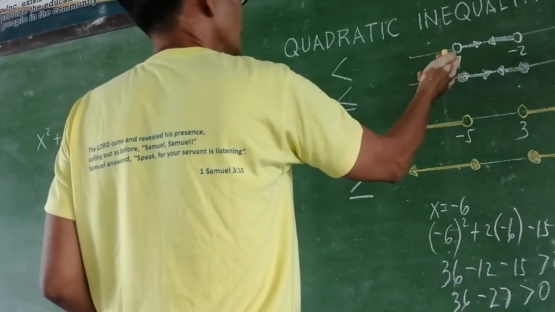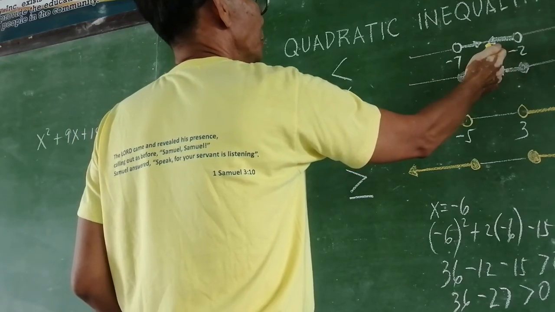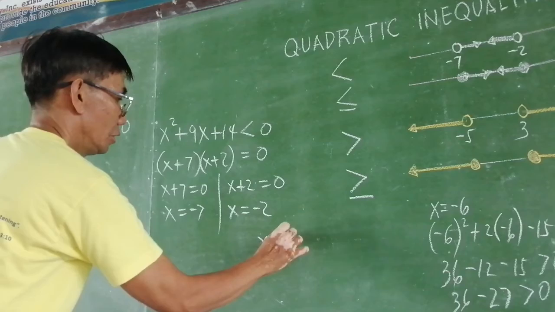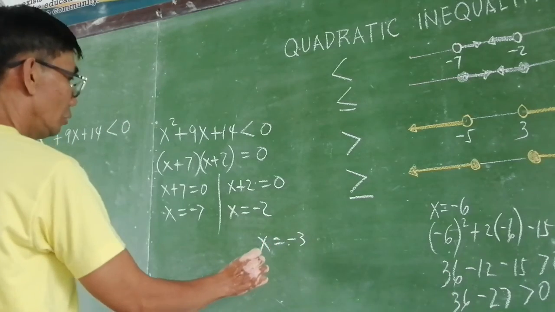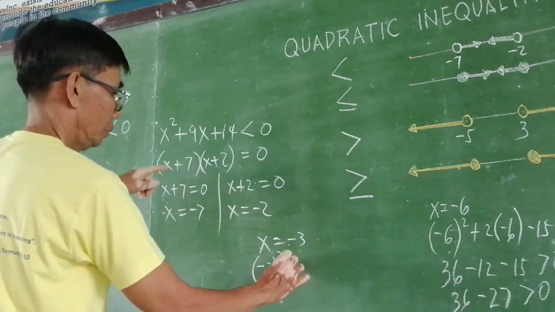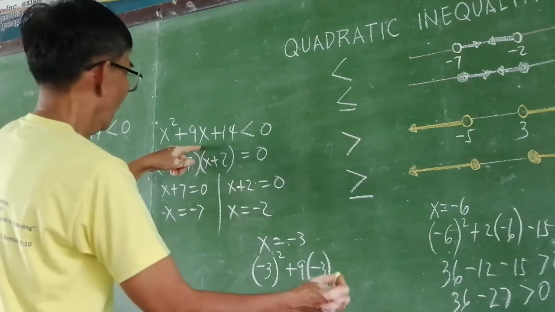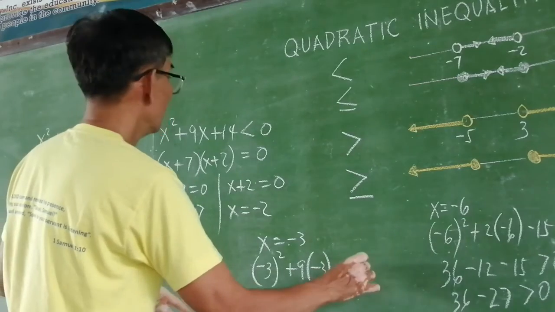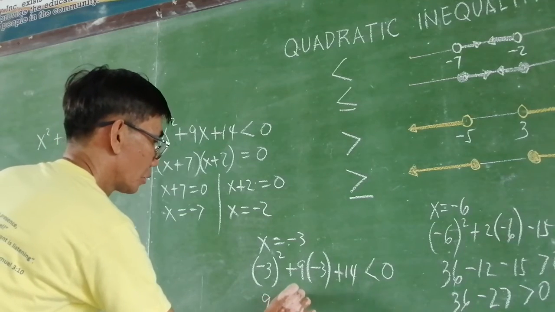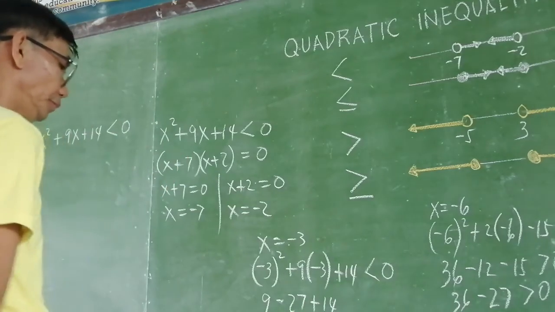So let's see a test point. Shall we just use negative 3, when x is negative 3? So it will be negative 3 squared plus 9 times negative 3 plus 14 must be less than 0. So this will be 9 minus 27 plus 14.